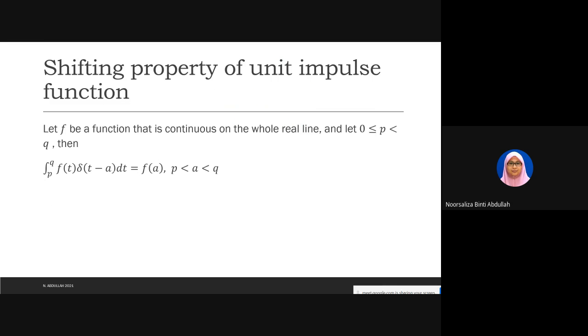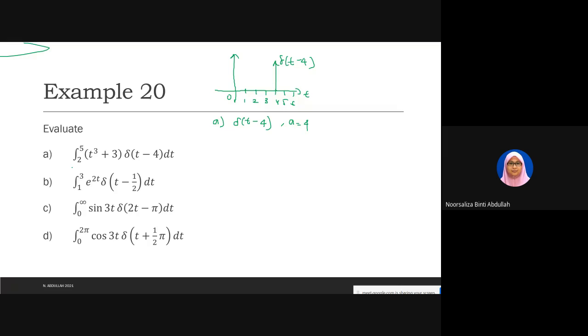From here, T minus A. So, T minus 4, then your A is equals to 4 kan? Betul tak? A awak 4. Saya tulis balik, sini Q, sini P, sini FT, sini delta T minus A, then this one equals to F A.